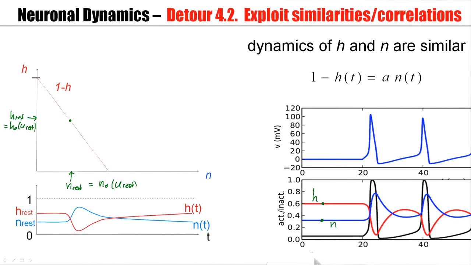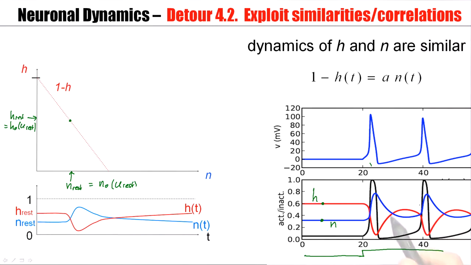Now at some point here at 20 milliseconds, a step current is switched on and the neuron starts to emit spikes. During the spikes, the H variable does some detours, the N variable also does some detours, and the two of them are sort of mirror images.